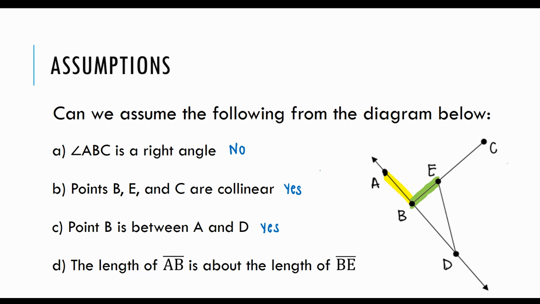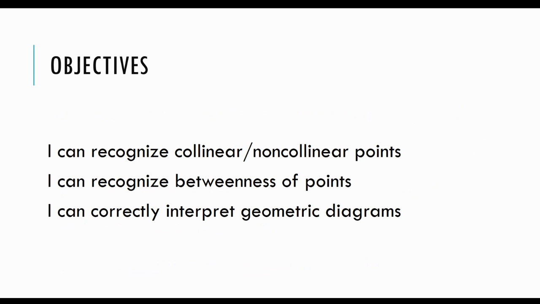And so I cannot assume lengths of segments unless they are specifically marked or indicated and told that they are congruent. So in this case, no, I cannot assume that the length of AB is about the length of BE. And so that's us recognizing collinearity, betweenness of points, and interpreting a geometric diagram correctly.